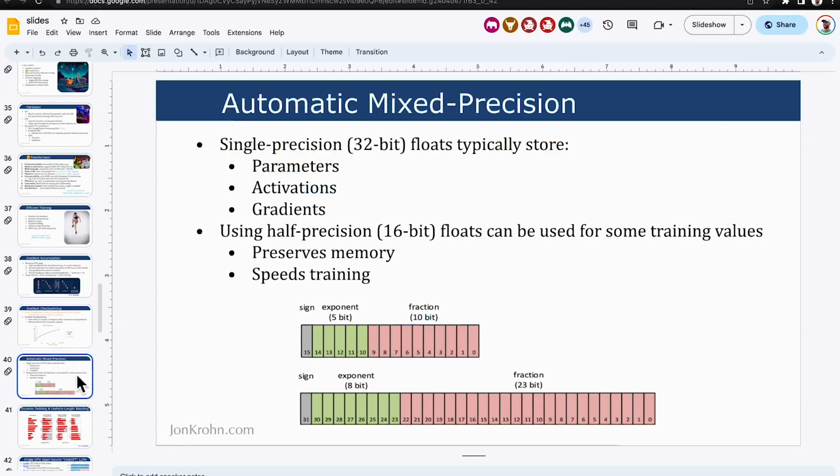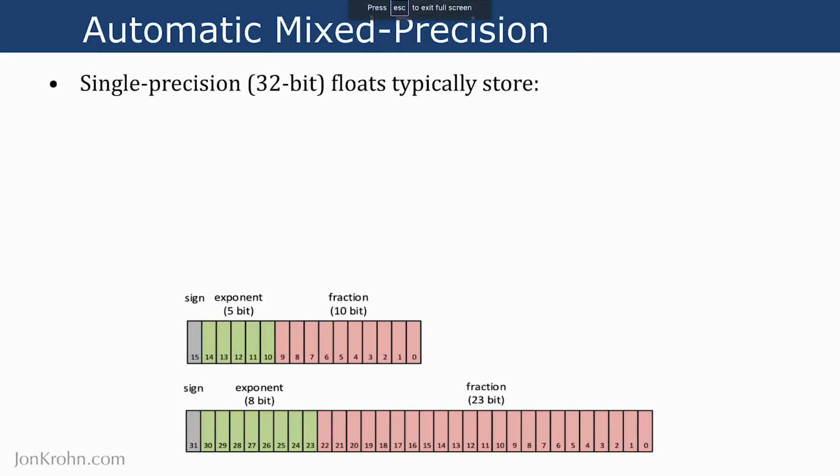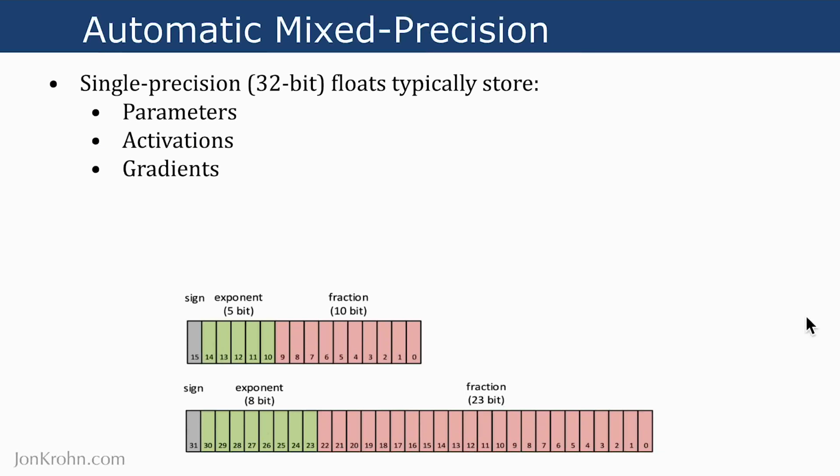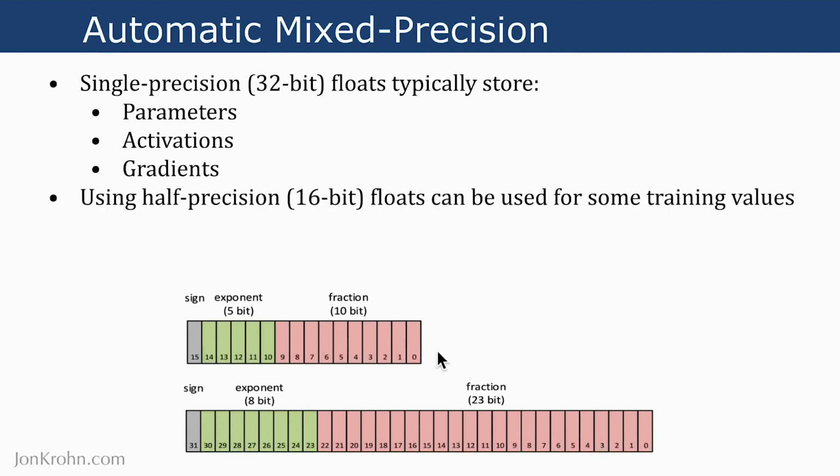Automatic mixed precision. So typically, as I mentioned earlier, we use 32-bit floats, single precision, to store our model parameters, our activations, our gradients. And so these are all of the bits, the 32 bits in a single precision float data point. A half precision float has just 16 bits.